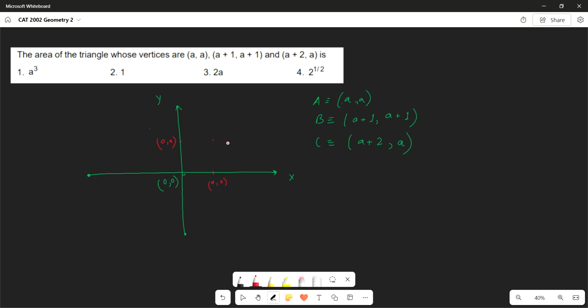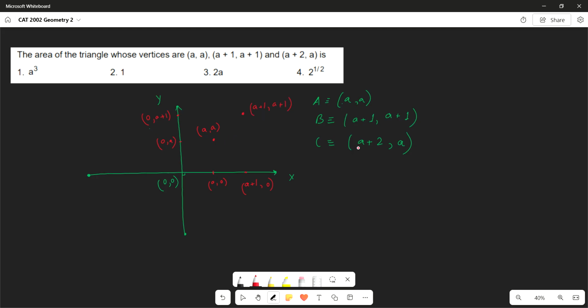So this point will be (a, a). Then I have (a+1, a+1). After moving one unit to the right, I get (a+1, 0). Similarly, if I move one unit above the point (0, a), I will get (0, a+1). So this point will be (a+1, a+1).